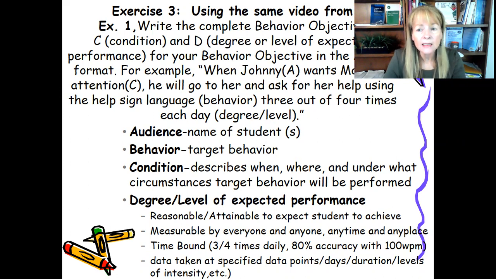ABC analysis is antecedent, behavior, and consequence, while what we're looking at is the audience, or the child or student, the behavior, which is the target behavior, the condition, and the degree or level of expected performance. I've given you an example here so that you can see exactly what we're talking about.